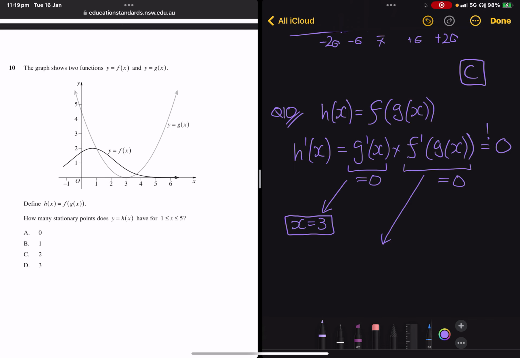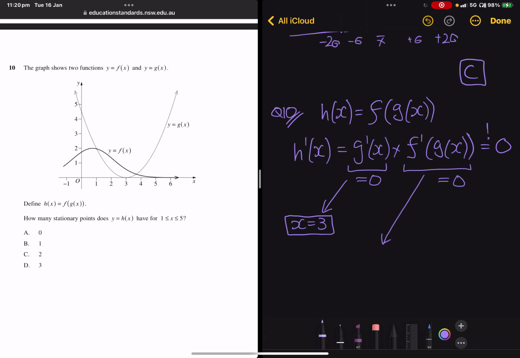When is the slope of the tangent of y equals f of x equal to 0? Well, it's equal to 0 at around about x equals 1 or something like that. That's the peak of the bell curve here. So what we need is f prime where g of x is equal to roughly 1 in order to give us f prime of g of x equal to 0.